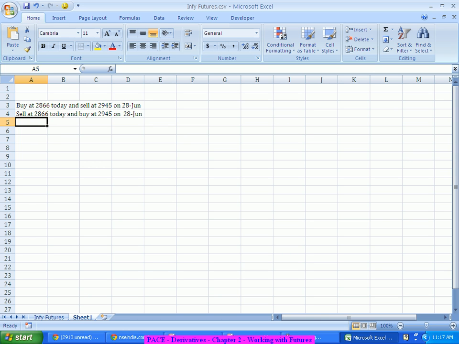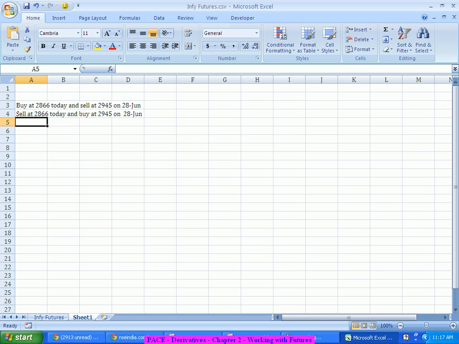Right? So if I assume today, let's say I don't even hold a share, I will think of buying it at 2945 on that date. If I want to get rid of it in the middle, if I think that the stock price is going to go down even more, and only after 2 months there is going to be a rise, I may very well think of selling it off today, use that money somewhere else and get some return out of it.